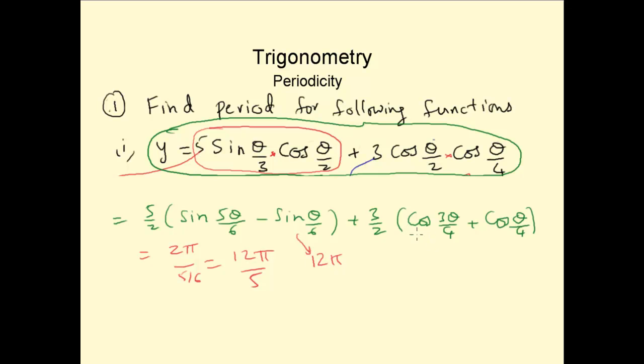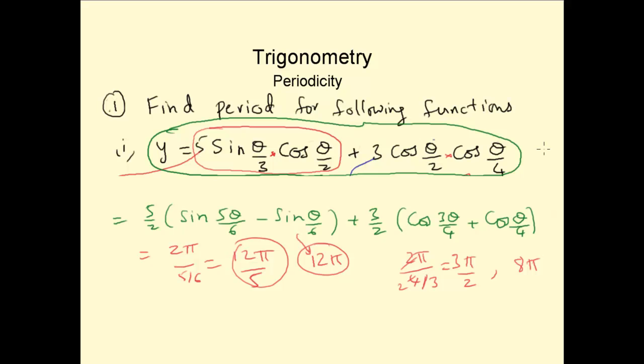And the period for cos(3 theta/4) would be 2 pi over 3 by 4. And the period for cos(theta/4) would be 2 pi over 1 by 4, which is 8 pi.